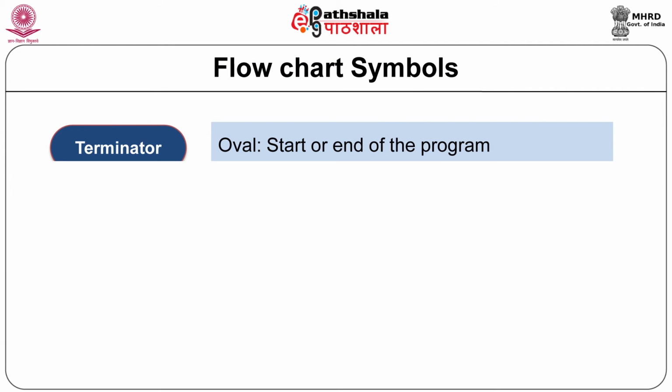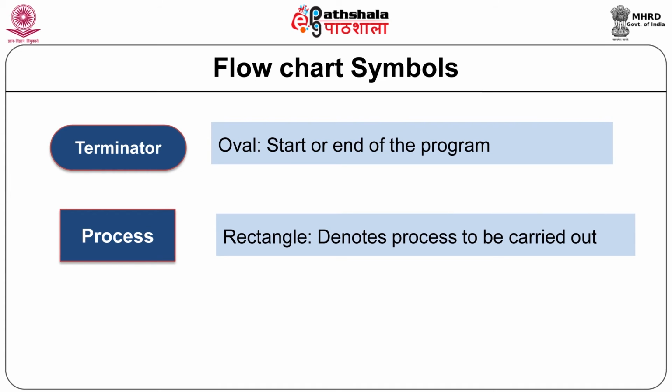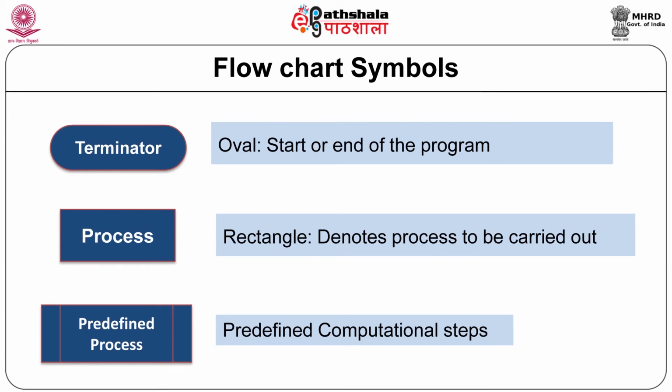Oval-shaped symbol is used to start or end the program. A rectangle symbol denotes a process to be carried out. A rectangular symbol is also used to carry predefined computational steps.